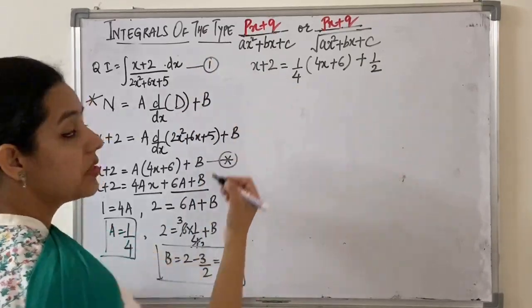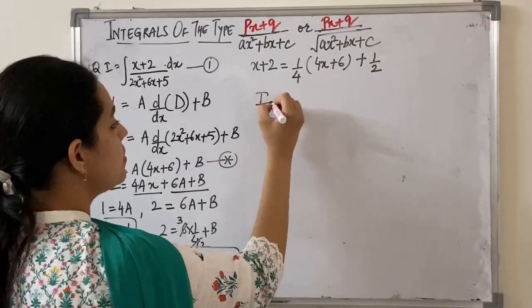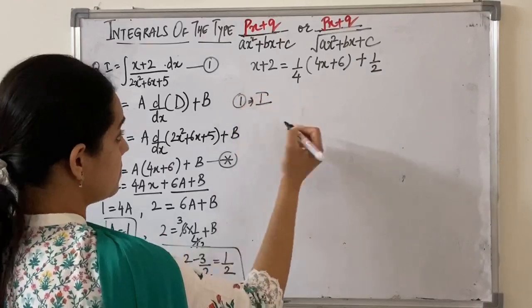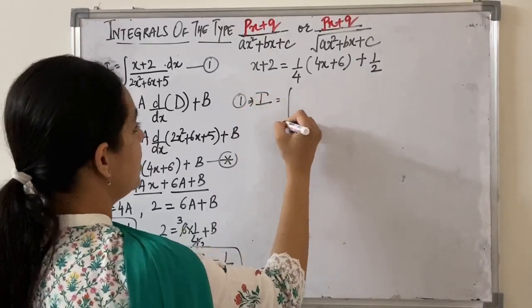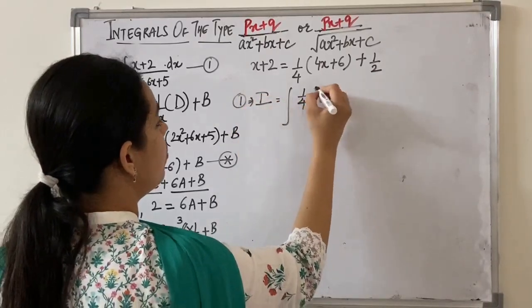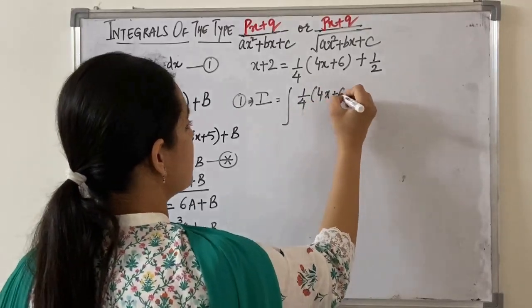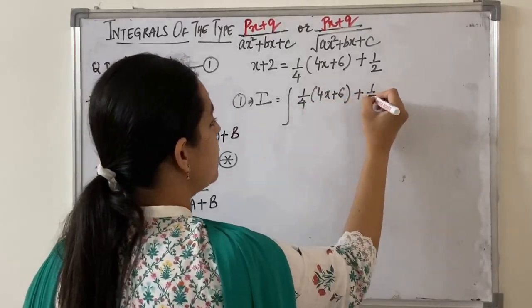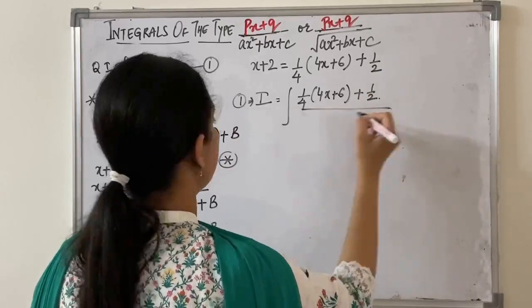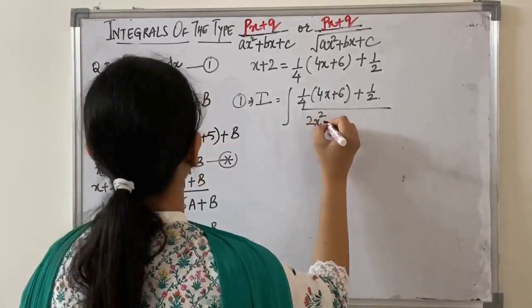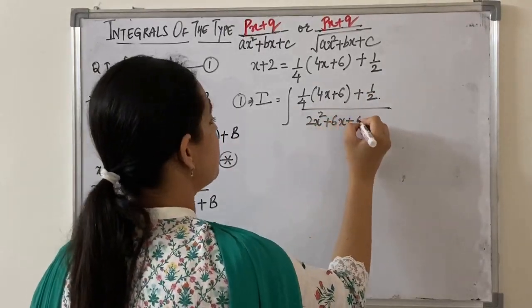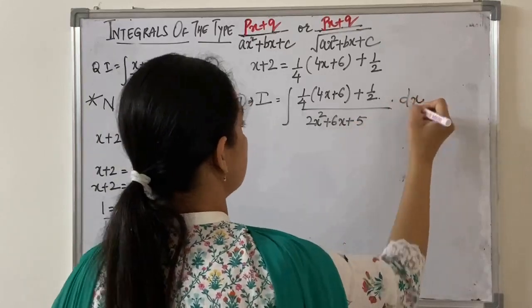Let us take this integral as 1. So I becomes equal to the integral of 1 upon 4 (4x plus 6) plus 1 upon 2, whole divided by 2x square plus 6x plus 5 dx.